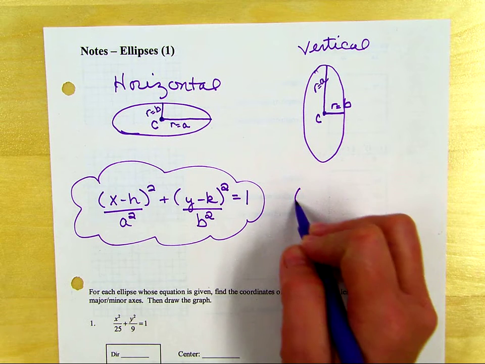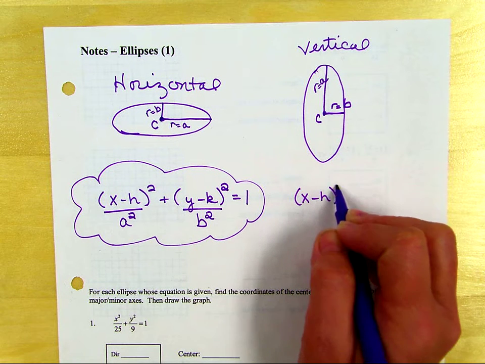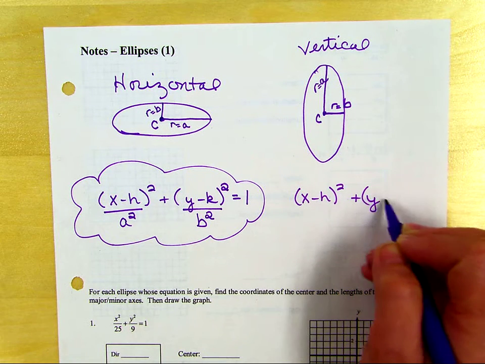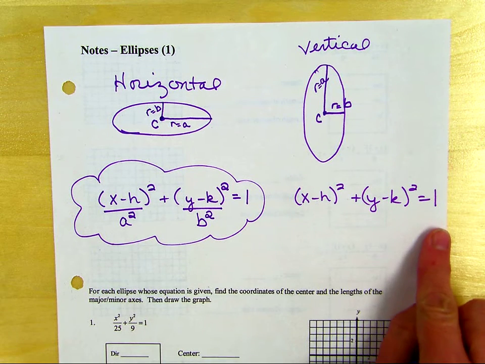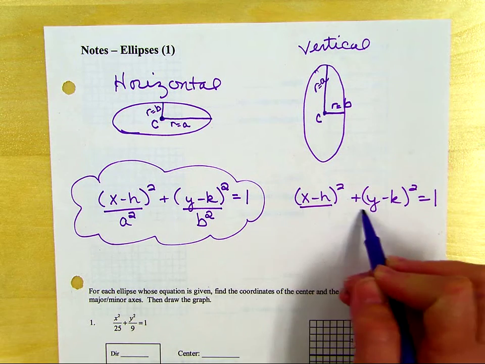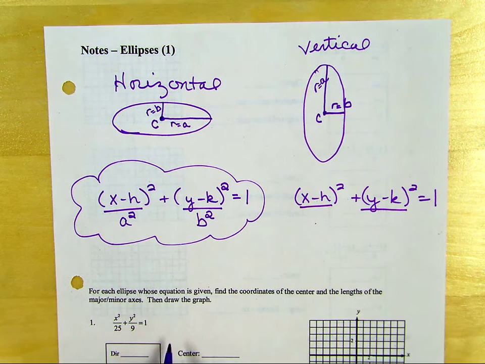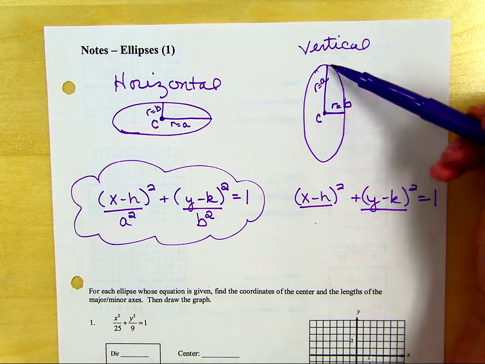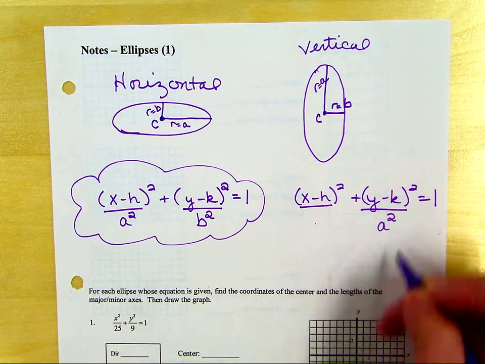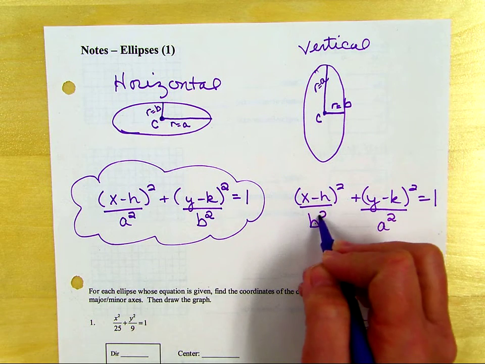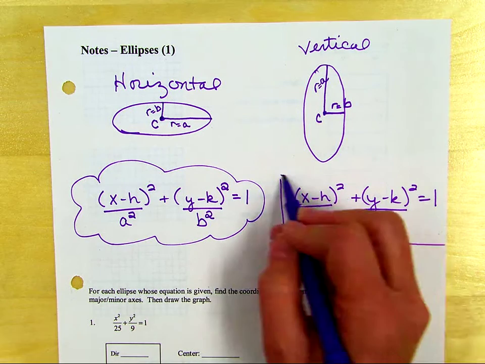Vertical, very similar. (x minus h) squared plus (y minus k) squared equals 1. It always equals 1. The radiuses are represented underneath. But since the bigger radius is in the y direction, I'm going to put a squared under the y and b squared under the x.